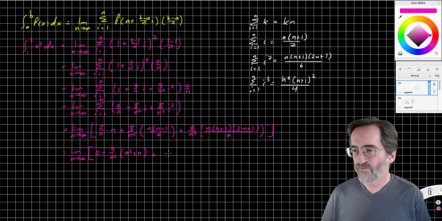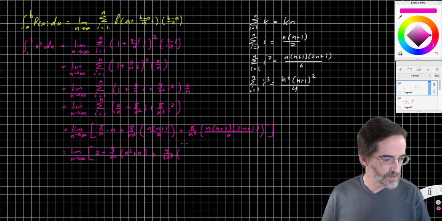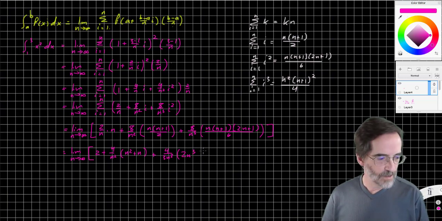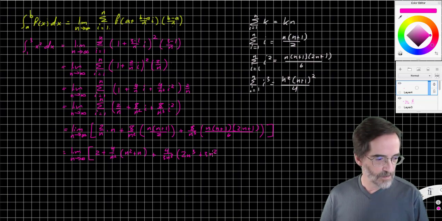And the next one, 8 over 6 simplifies to 4 over 3n cubed times, multiplying n times n plus 1, you get n squared plus n, and then times 2n plus 1. I've already done this here, so I'm going to skip ahead a little bit: 2n cubed plus 3n squared plus n.